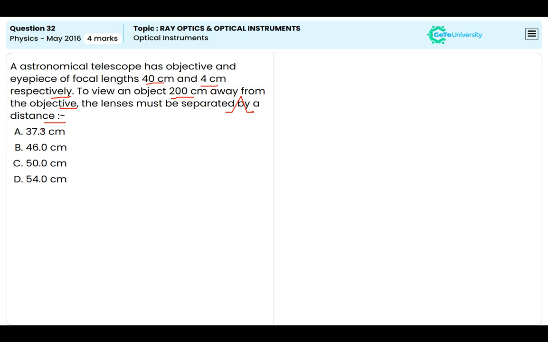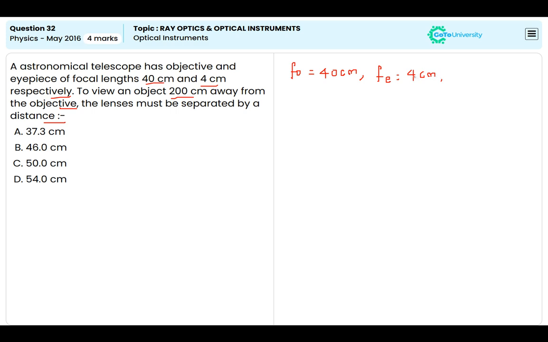Okay. Given that the objective focal length f naught is equal to 40 centimeter, and the eyepiece focal length fe is equal to 4 centimeter.